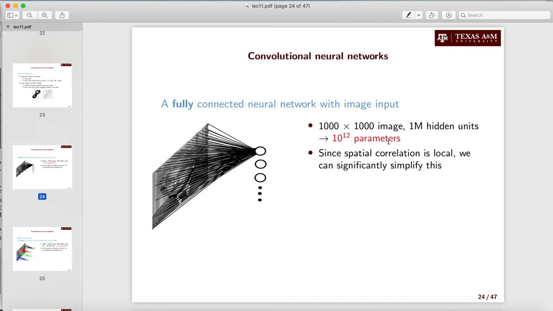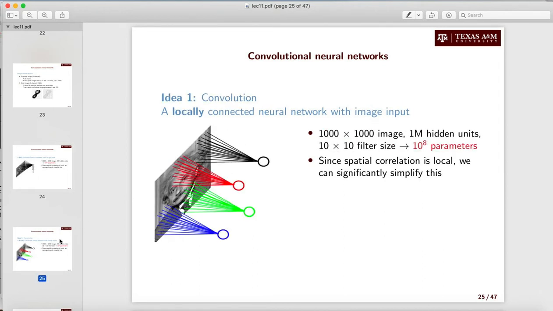The answer is yes, and we are leveraging several properties within the image in order to reduce the number of parameters that need to be learned. The first property that we are leveraging is the idea of convolution. What this means is that within an image, usually local components have very useful information.